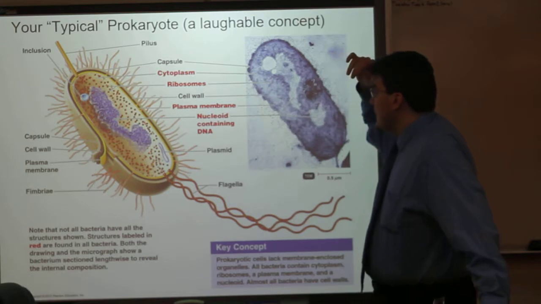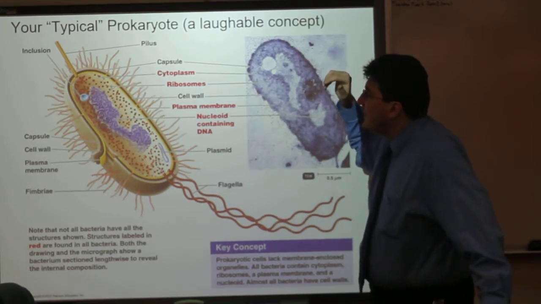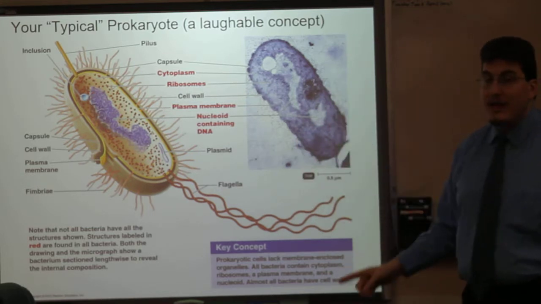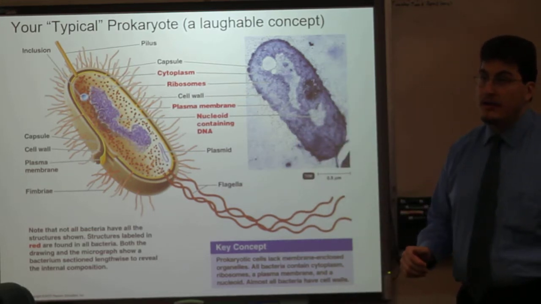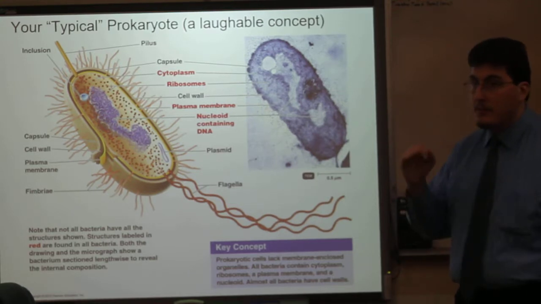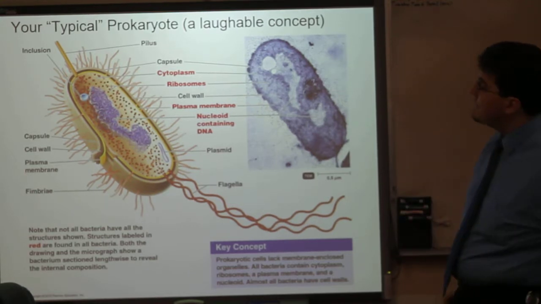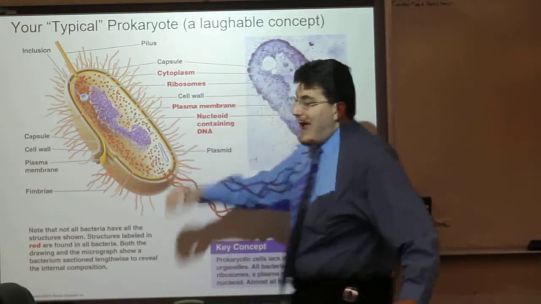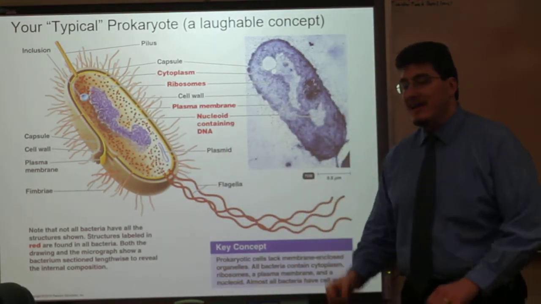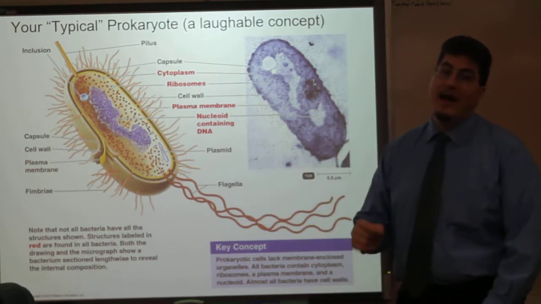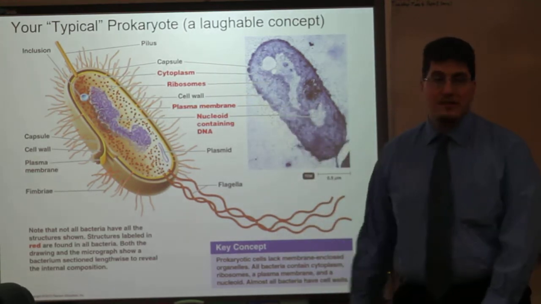Other organelles that we have, non-membrane bound organelles, by the way, because a prokaryote will have no membrane bound organelles. That is a key feature here. No membrane bound organelles. Another feature you might notice will be an inclusion body. An inclusion body is anything that is, quote, included in a bacteria. It might be something that bacteria ate.